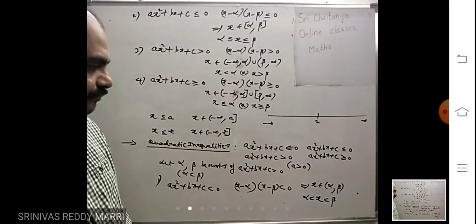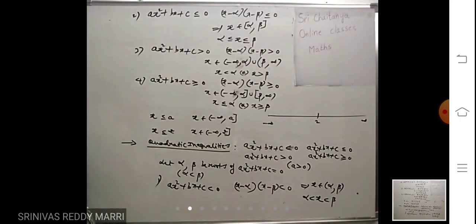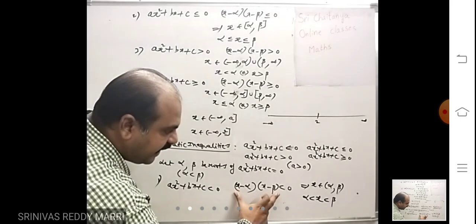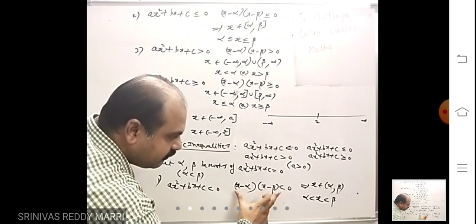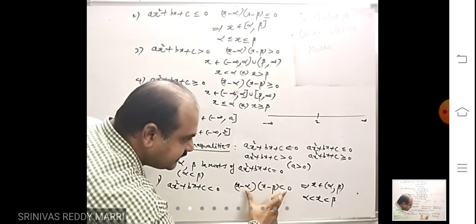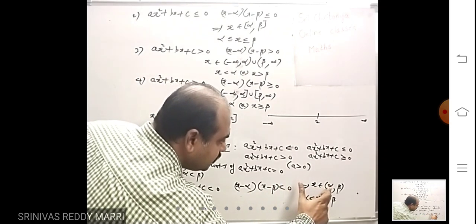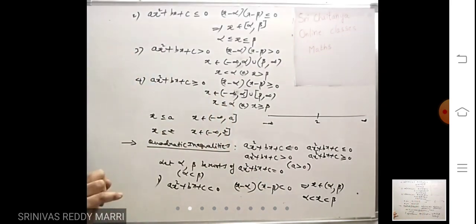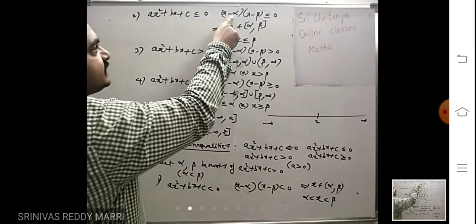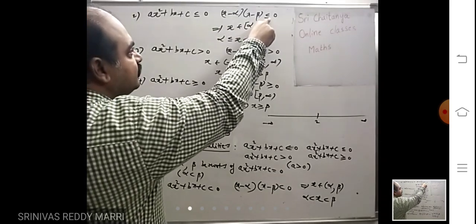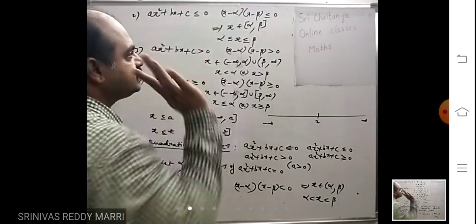Look at, we have factorized here. After factorization, less than 0: x belongs to open alpha beta, first formula. Second formula, after factorization you got less than or equal to 0: x belongs to closed alpha beta.